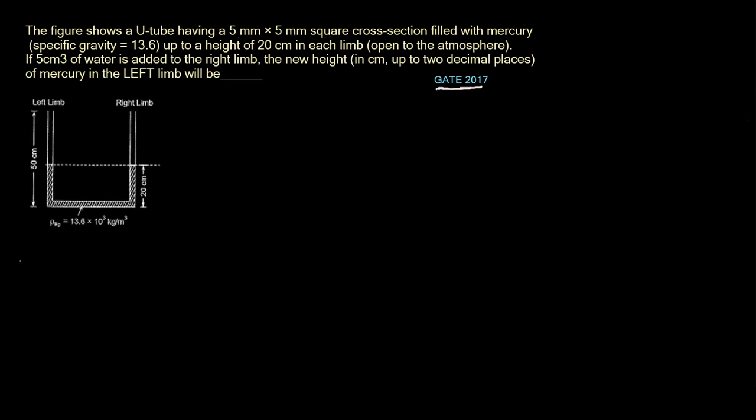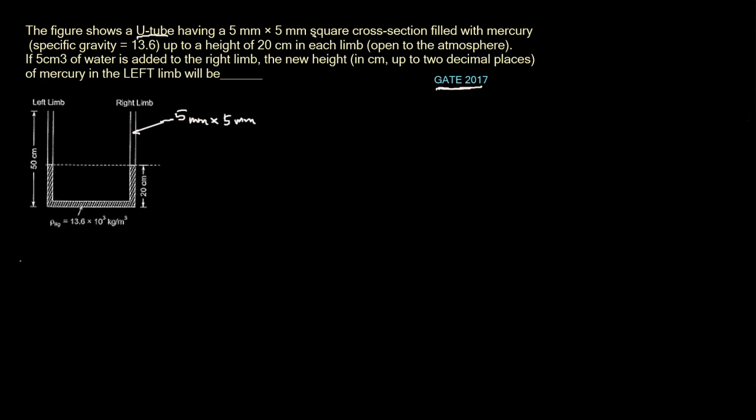We have a U-tube with 5 millimeter by 5 millimeter square cross section. That is, this cross section right here is 5 millimeter by 5 millimeter, and it's a square cross section.